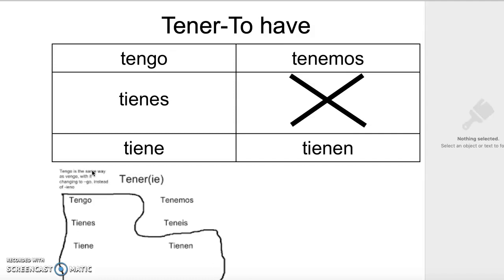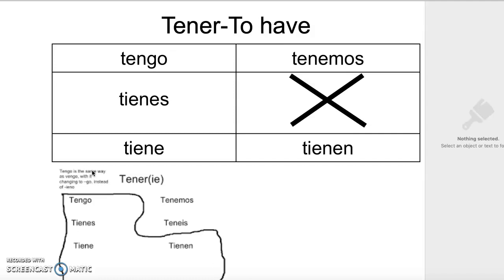And remember that when I translate infinitives to English, I have to have the word to, okay? Because the infinitive shows me to do a certain action. So tener shows me to have.